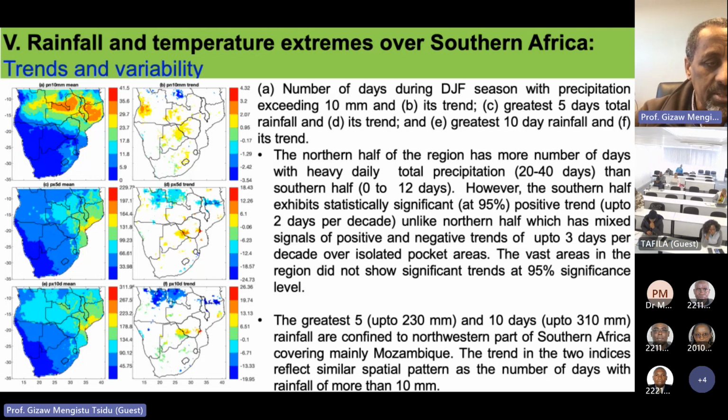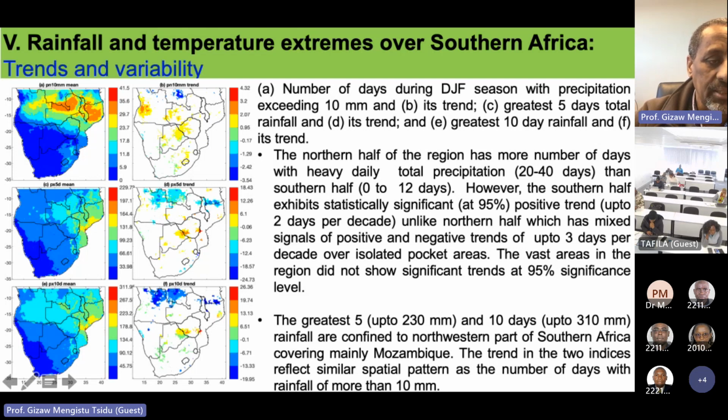So within a month, you can see there is a lot of rainfall with this kind of intensity for the northern half of the SADC region: Zambia, Zimbabwe partly, and then Mozambique.